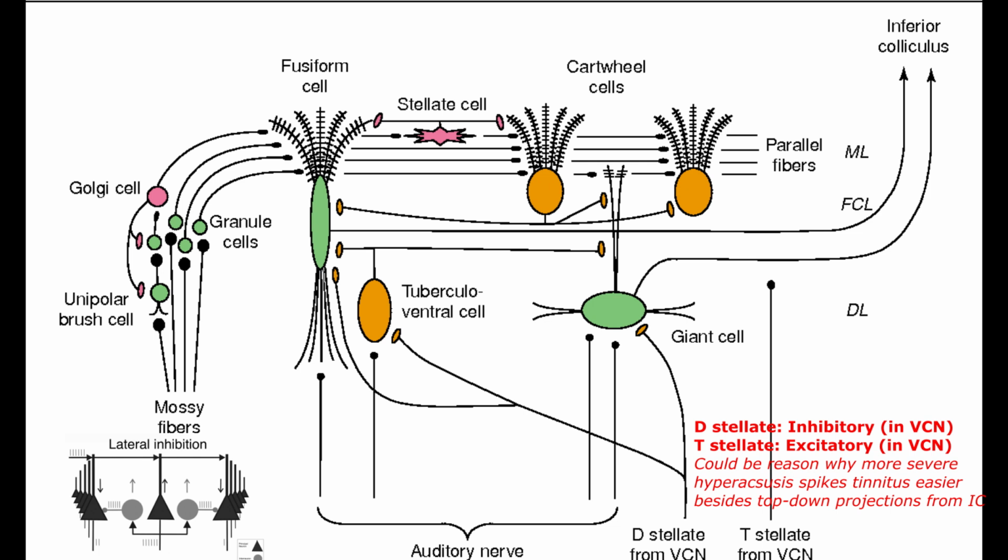And the VCN, the ventral cochlear nucleus, is more directly implicated in loudness hyperacusis, according to Susan Shore's research, where the cells, the bushy cells, for example, become hyperactive. For those who forgot, bushy cells in particular help encode sound intensity and timing.